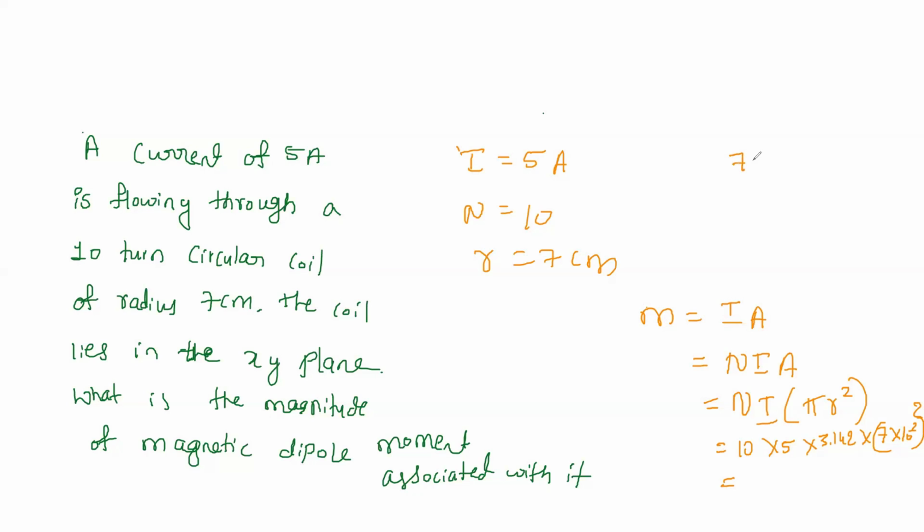Yes, it is 7697.9 into 10 raised to minus 4. Correct? So if you divide that by 10 raised to 4, the answer comes out to be 0.769. The magnetic moment, ampere meter square is the unit. 0.77 you can consider approximately.